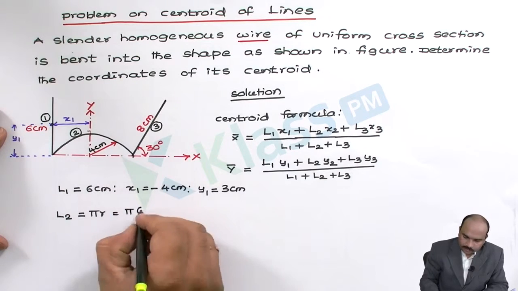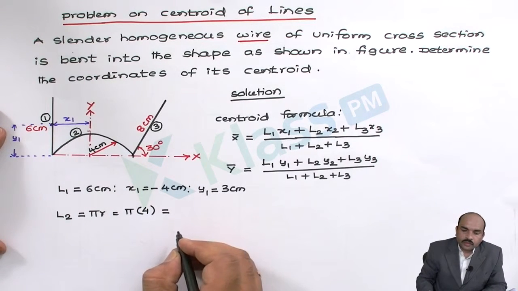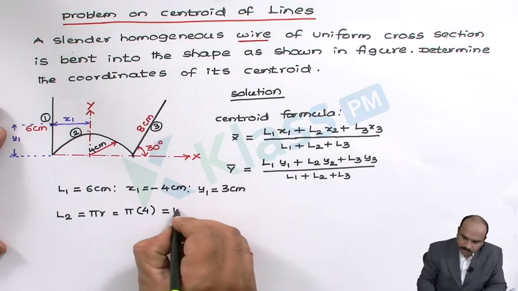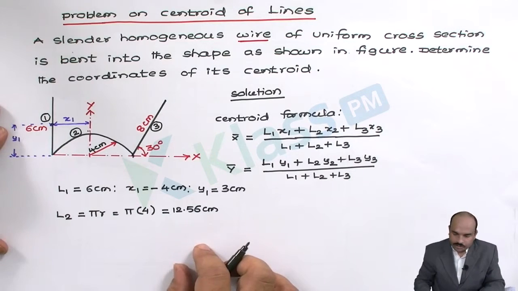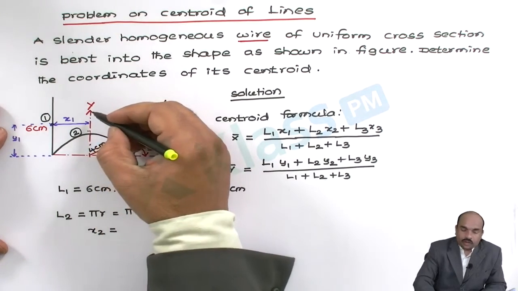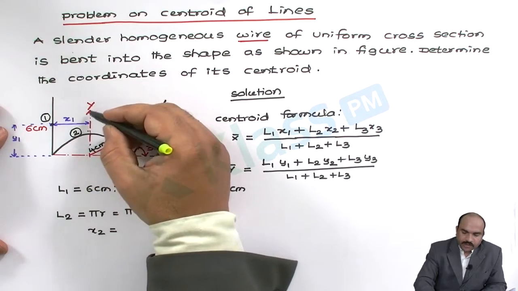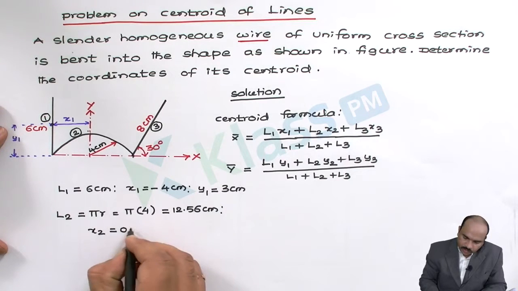Sorry, it is 4. Now the total value of this L2 we are getting as 12.56 centimeters. Then x2. So this y-axis is passing through the center, so that x value will be 0.